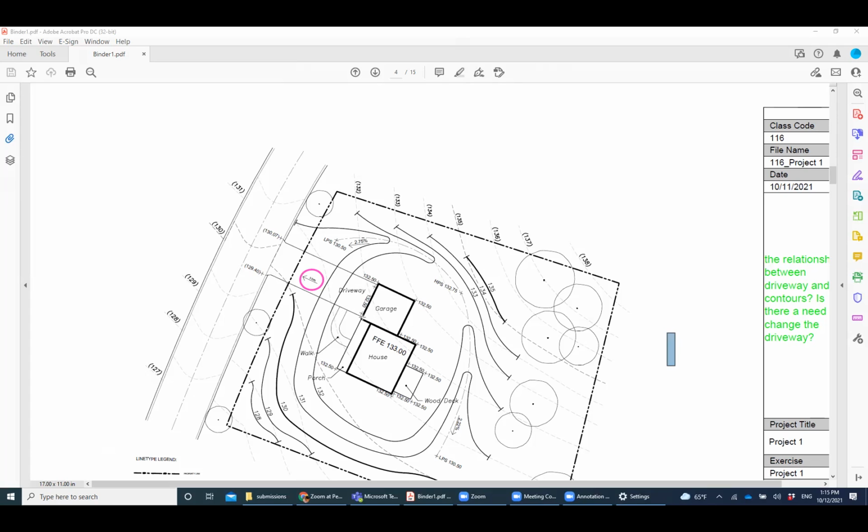Now what you would do is you would measure the length of here. That's your maximum slope from 132.5 to your 129.40. So that's your maximum slope on the driveway. If that exceeds 5%, then you do need to mark where the 5%, 15 feet, is, and design this portion to be 5%, and then recalculate the rest of the driveway.